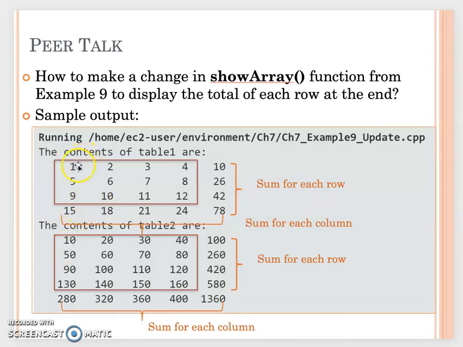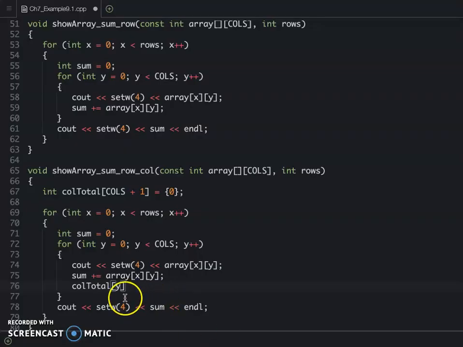Because the column is the second dimension, that's why they use the y. So then the same thing right here. When we add the y, we depend on which element I'm currently adding. So I just need to add this current value to the y total, because according to this, they will add to the correct total.